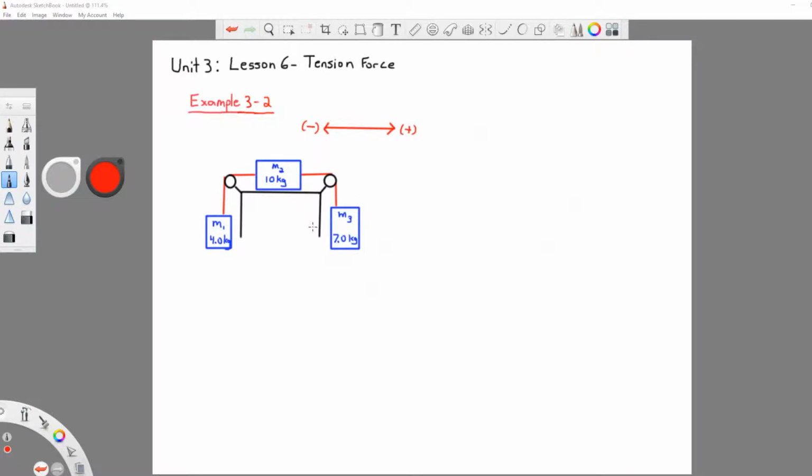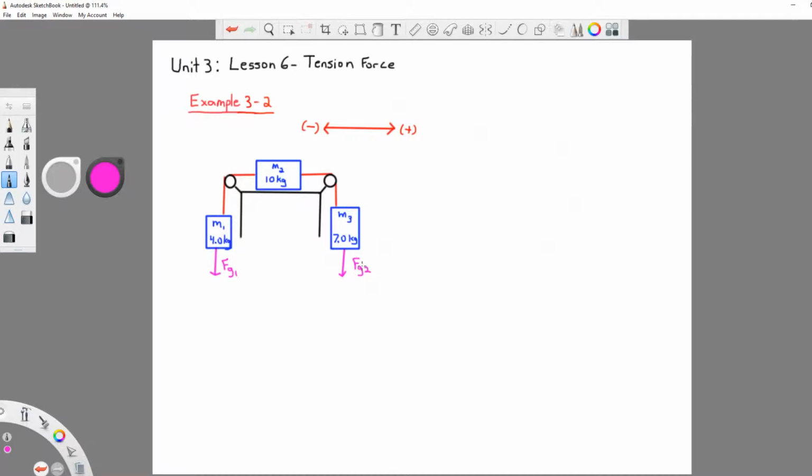Okay, well, before I jump into any formulas, I'm going to sketch in my two forces. We're going to have one force of gravity here and one force of gravity here, and we can say this is FG1 and this is FG2.